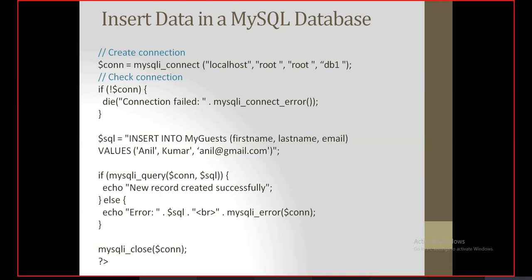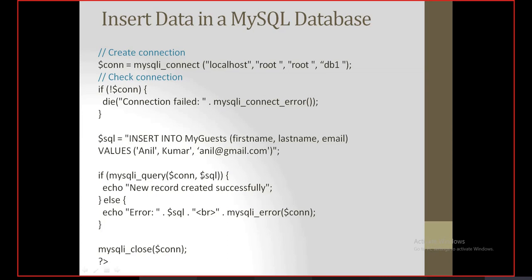Then going ahead to insert the data into our database, we again perform the connection establishment part. We are checking the connection. We are preparing our insert query the same trivial way, providing the insert query and storing it in a variable.